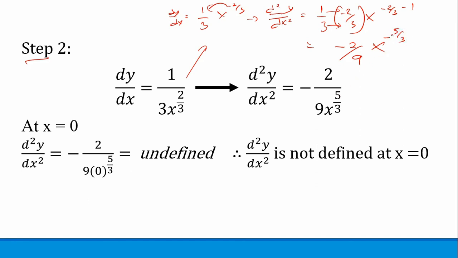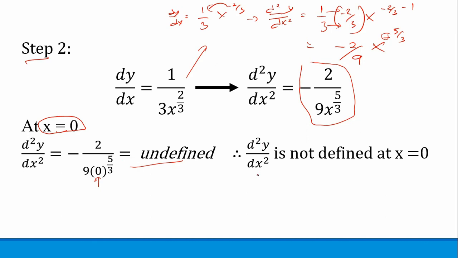Because it is negative, I can move it down, so it looks like this. When I substitute x equals 0, we also get undefined.